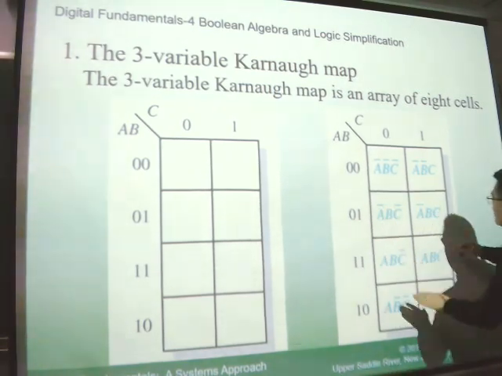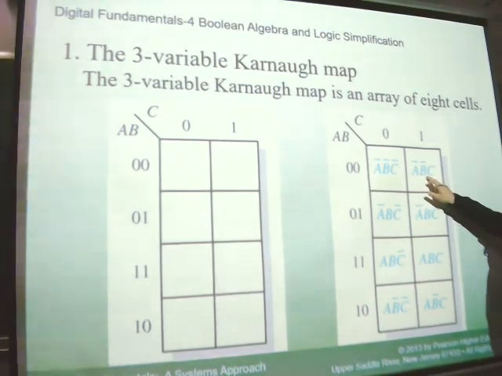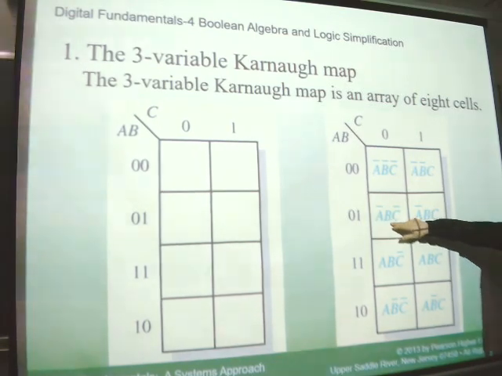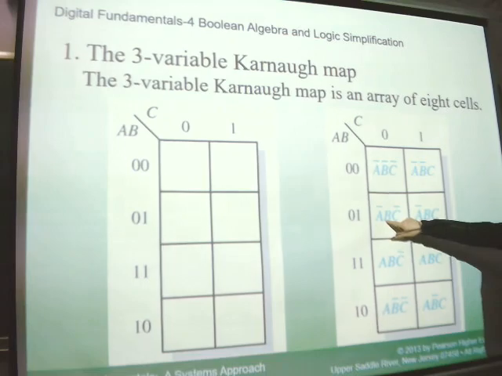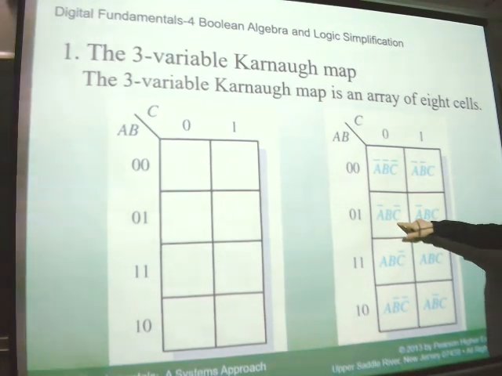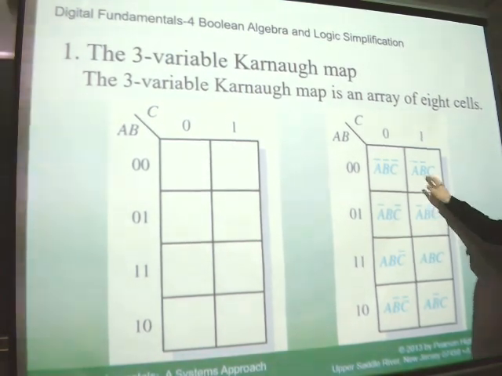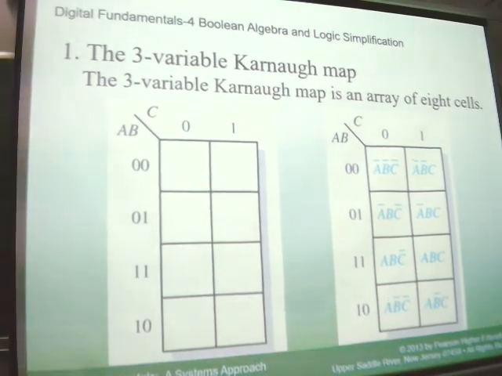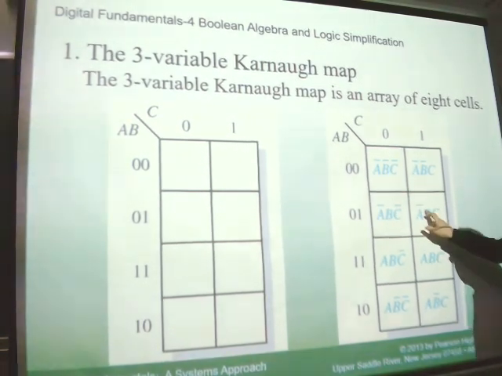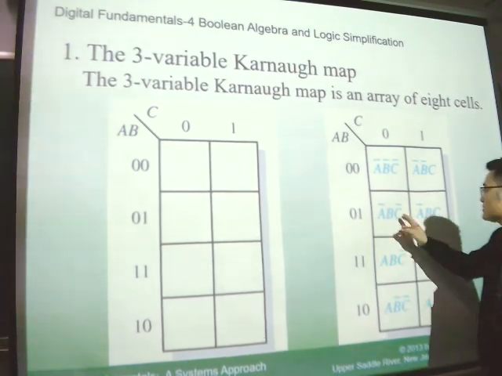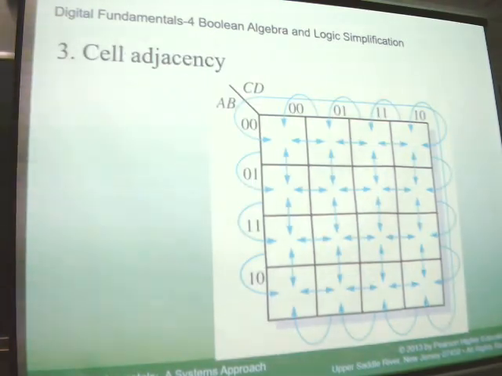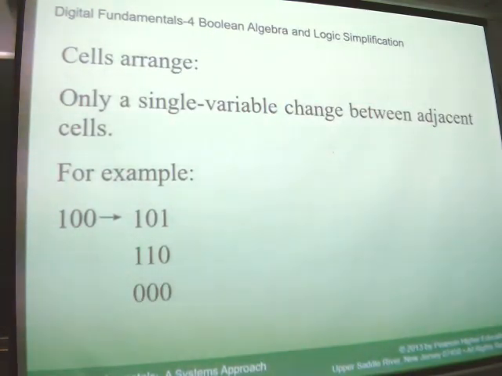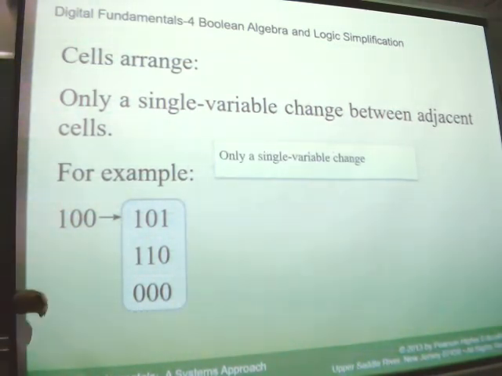Because two literals are different. This is B bar, it's B. It's C, this is B bar. So the two cells are not adjacent. Only this one is adjacent to it. Only one single variable change.